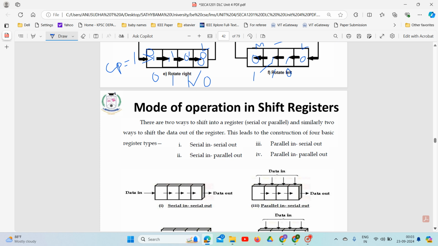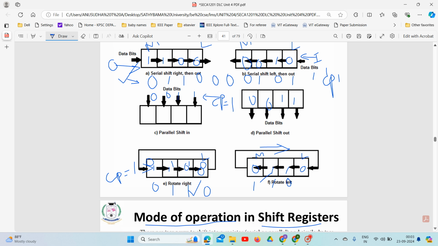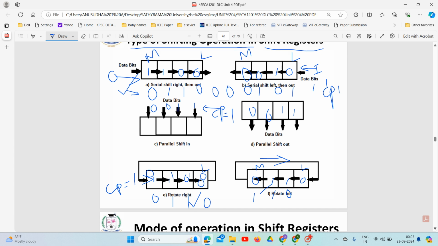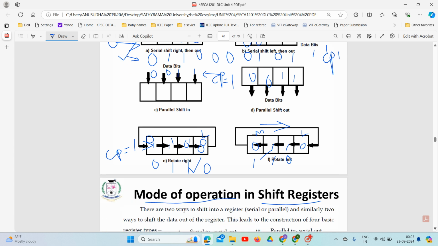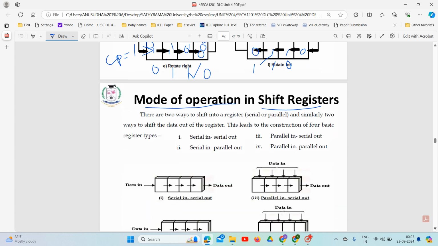So we have different modes of operation in the shift register, which we have studied here. The types of operation in the shift register are the same as the modes of operation: serial in serial out, serial in parallel out, parallel in serial out, and parallel in parallel out.